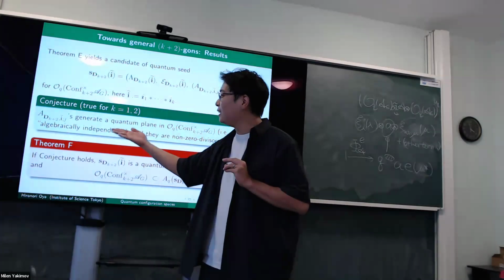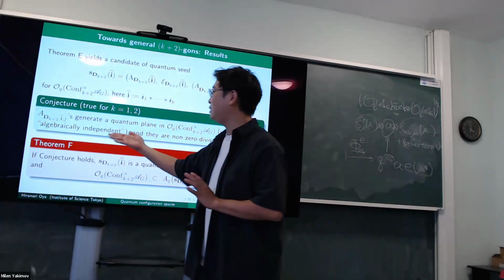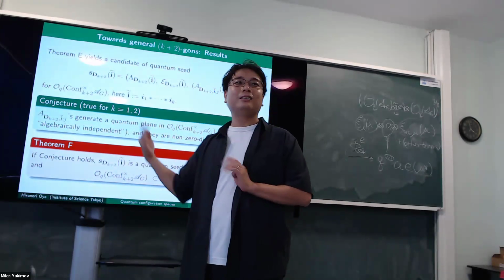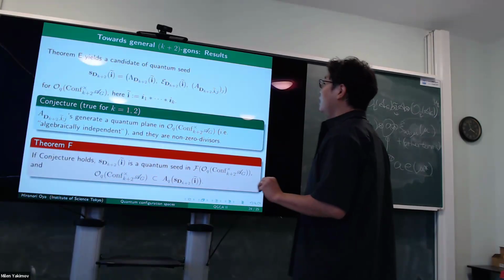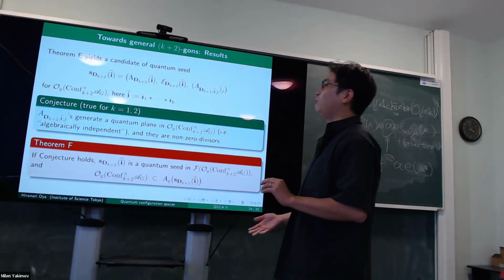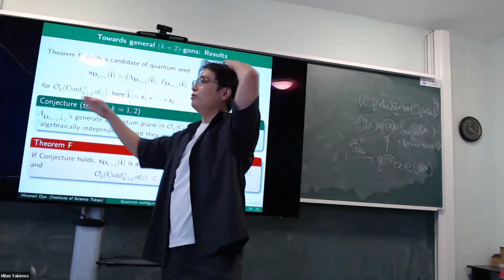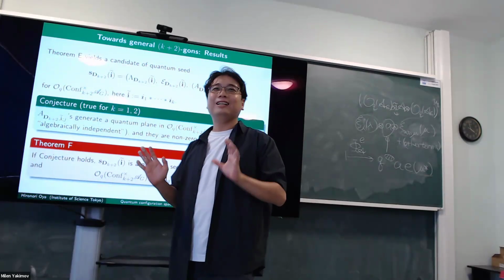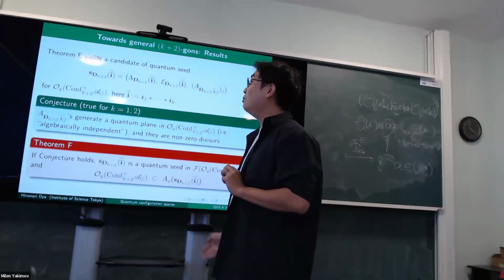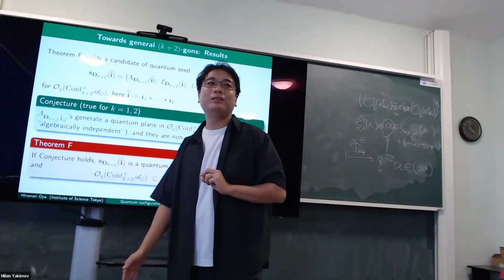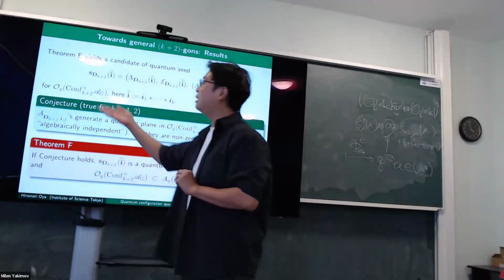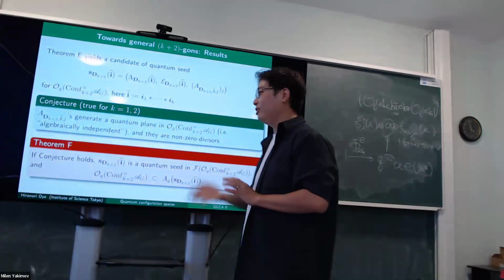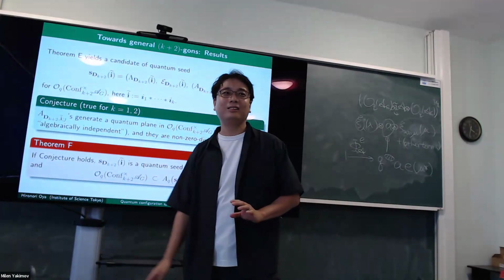But yes, as you mentioned, this is true in the classical limit. So if we develop the integral form of this algebra and we study the specialization at q equals 1 in a more precise way, then this condition should be true. But now we always work over the field, so we don't have the specialization at q equals 1 as a point.